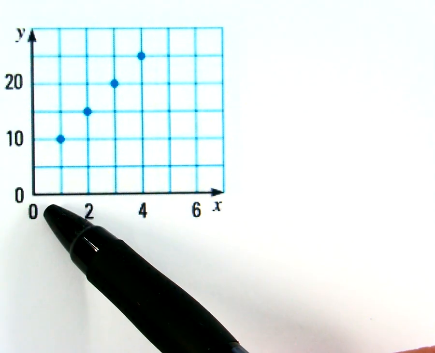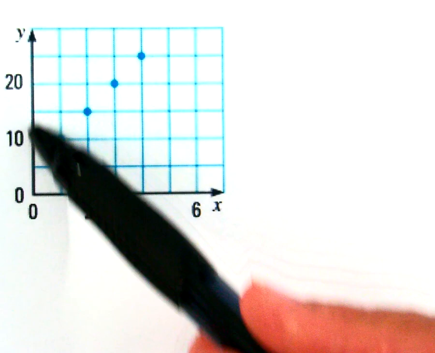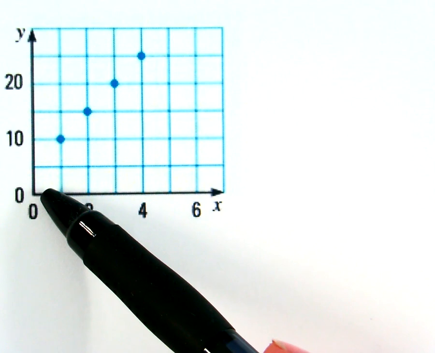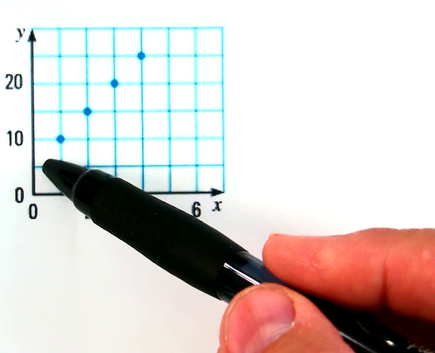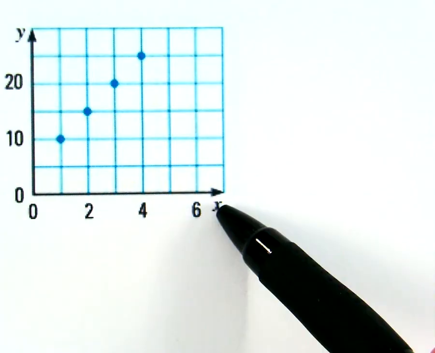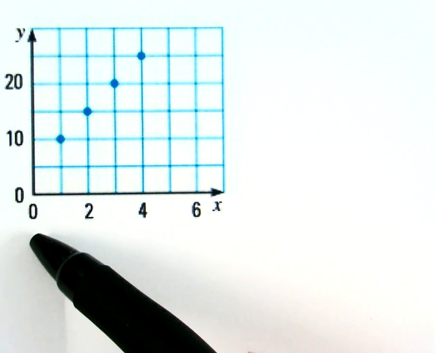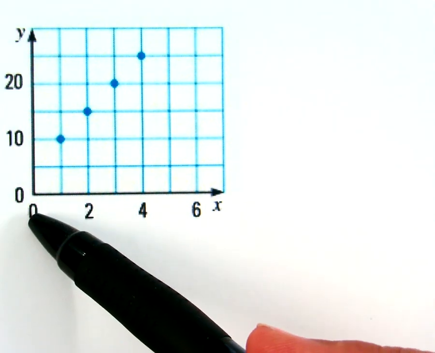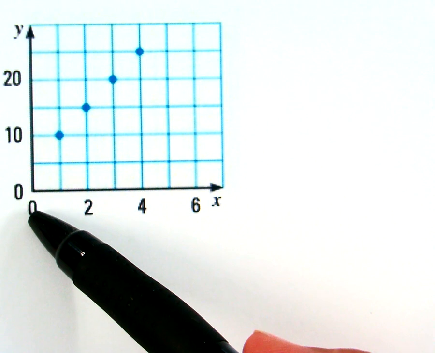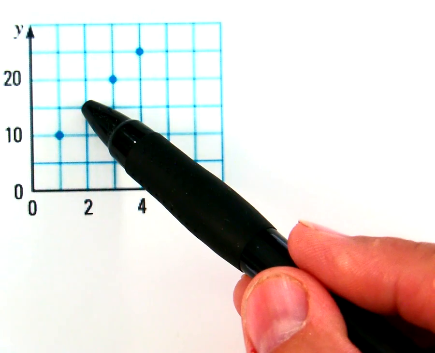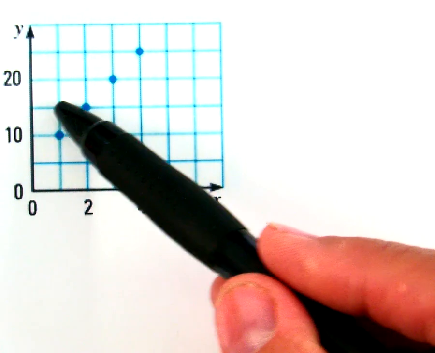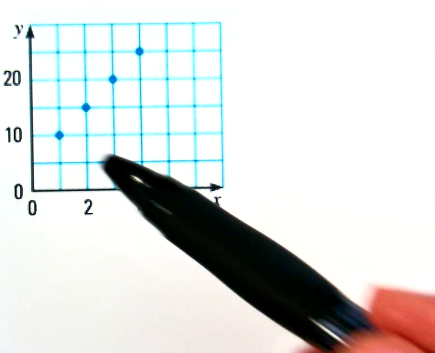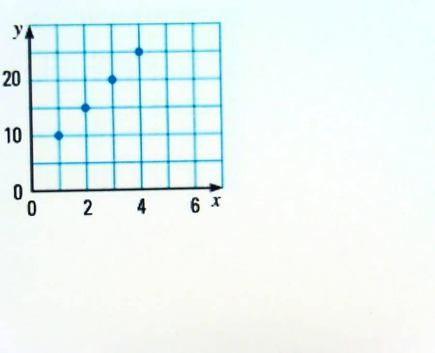Now notice that when you do this one, the vertical is progressing 5 per box, but the horizontal is progressing at only 1 unit per box. So you'll need to account for that when you count your slope. From here to here is up 5 and over 1, so this is a slope of 5, rise over run.